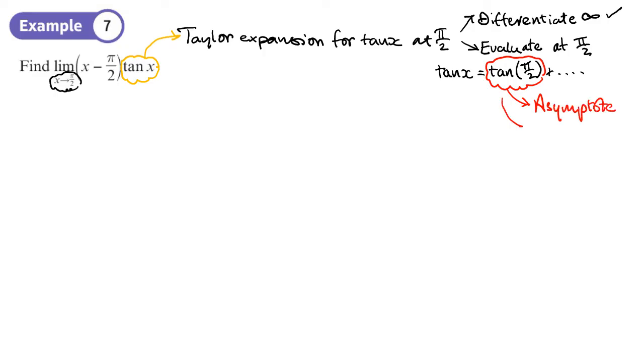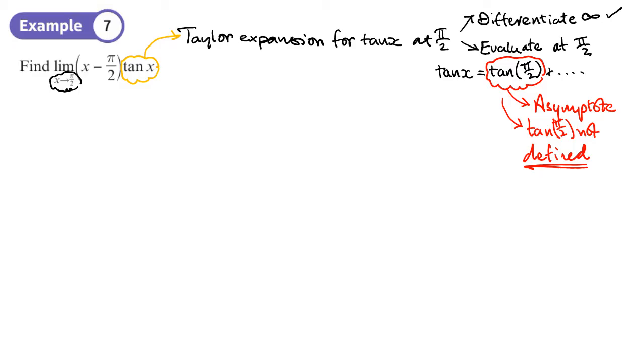So tan of pi over 2 is not defined. So we cannot use the Taylor expansion for tan x at pi over 2, because as soon as we try and evaluate it, tan of pi over 2 on our calculator is going to come up error. So we need to use a different method.